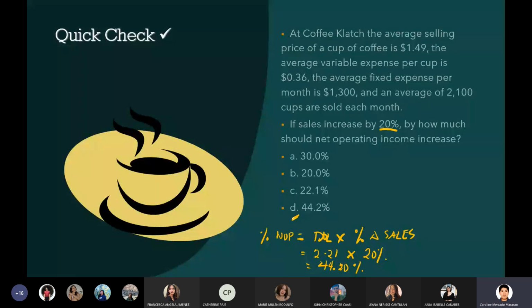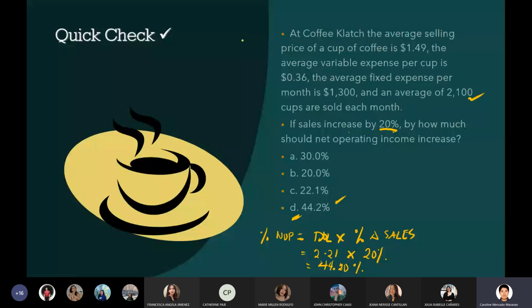Now, let's prove that when your sales increase by 20%, your net income will increase by 44.20%. From 2,100 average cups, it increased by 20%. How much is the increase? Or, to go straight, what is your CM per unit?